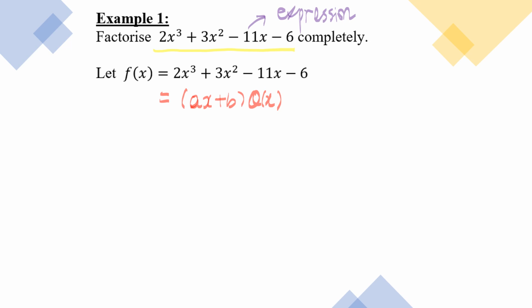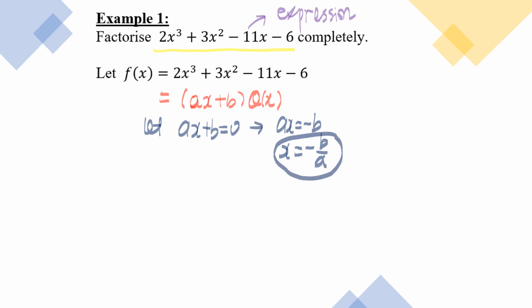That means we let ax plus b equals 0. So ax is negative b, x is negative b over a. So basically we have to use trial and error to find suitable values of x, substitute into f of x, and hopefully you get remainder equals 0.